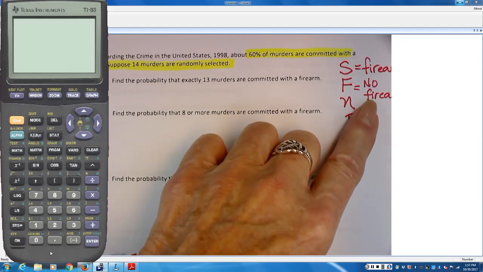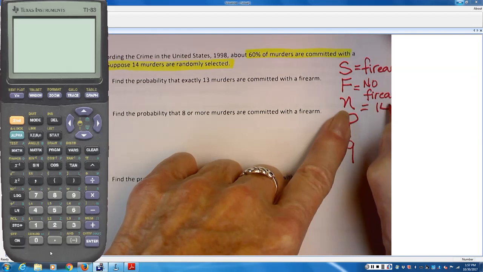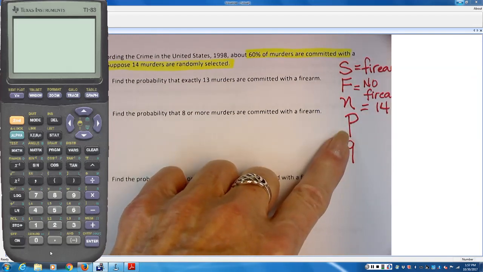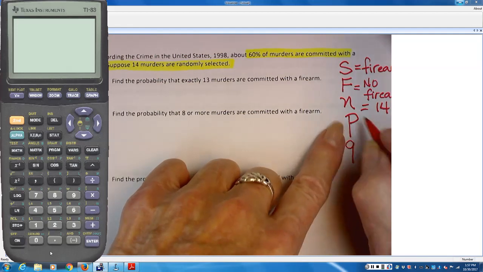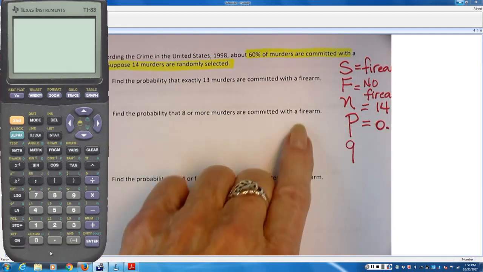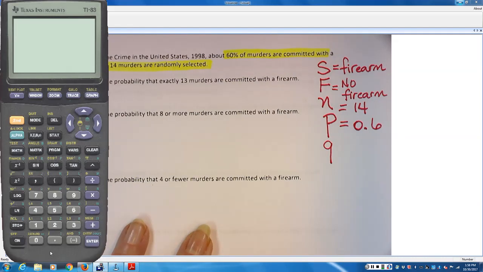All of them. How many trials are we looking at? 14. What is the probability that any one of those 14 murders was committed with a handgun or with a firearm? 60%, which we'll use as a decimal, 0.6. Then what would Q be?